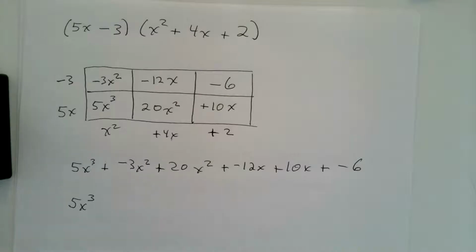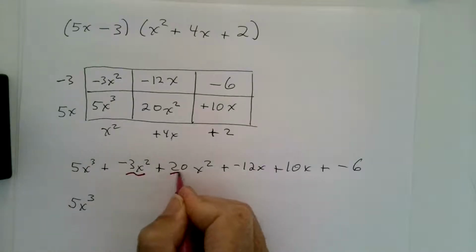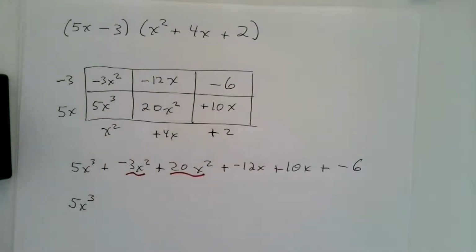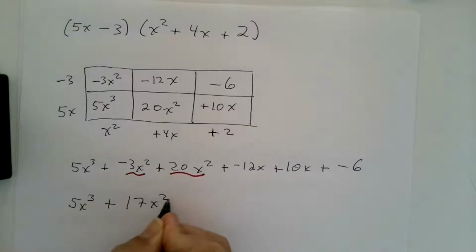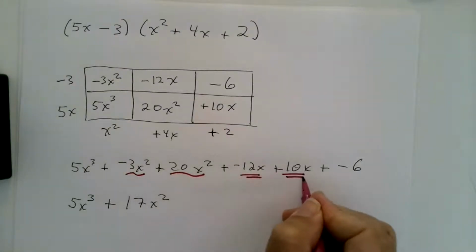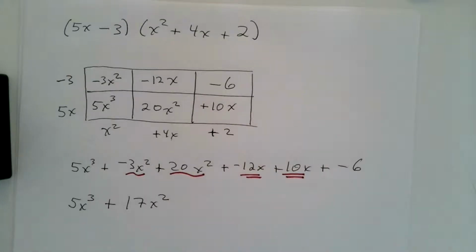Then we have negative 3x squared and 20x squared. Well, 20x squared take away 3x squared would be 17x squared. And we have negative 12x and 10x, which give us negative 2x. And then our last number by itself is negative 6.